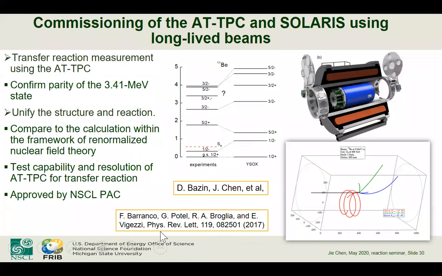And this will unify the structure and reactions for our work. Here I show you some examples of the simulated trajectories from the beryllium-10 (d,p) reaction and the beryllium-10 (d,t) and (d,d) reactions within the ATTPC with the magnetic field.